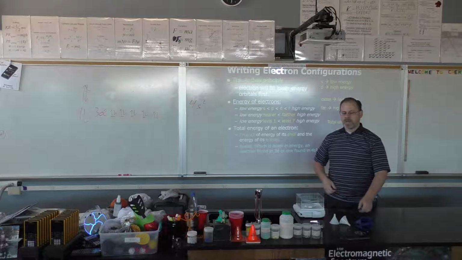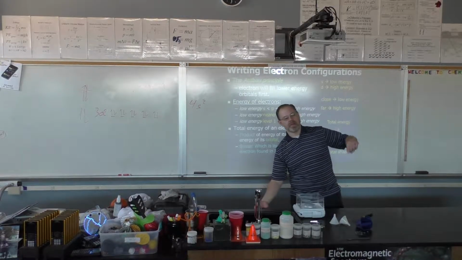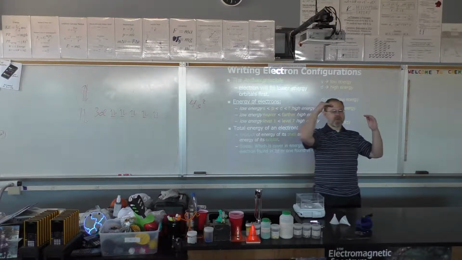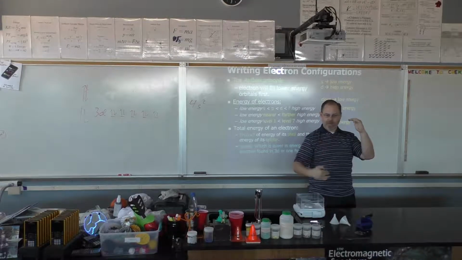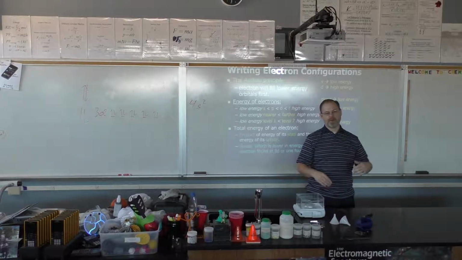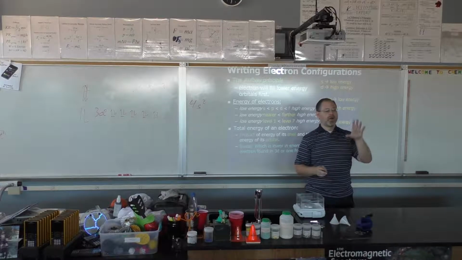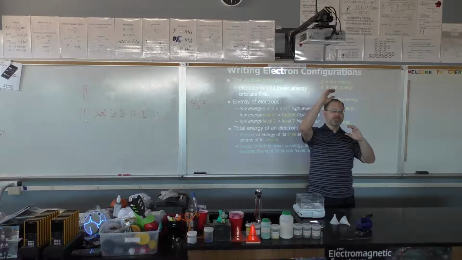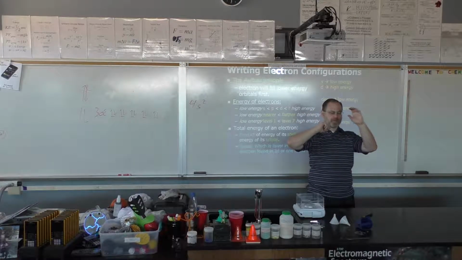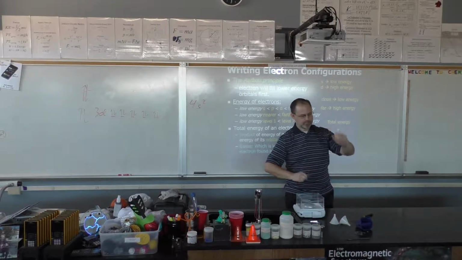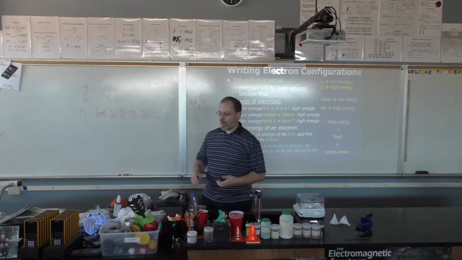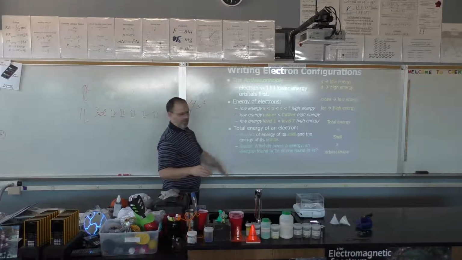Why? Because s is a lot lower than d. So you have s, p, d, f, and you have 1, 2, 3, 4, 5. The combination of 4s is lower in energy than 3d. So that's why the d orbitals all get pushed down.